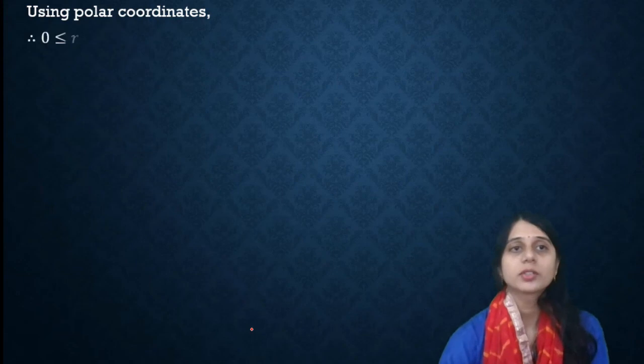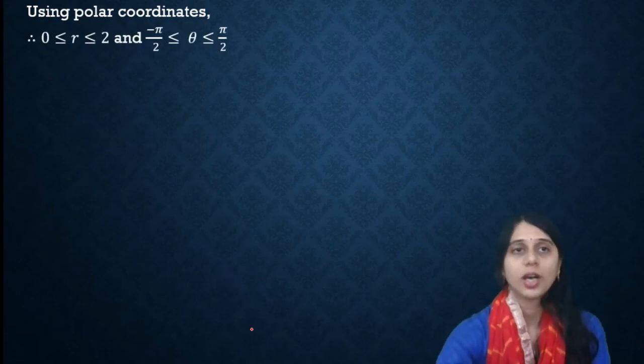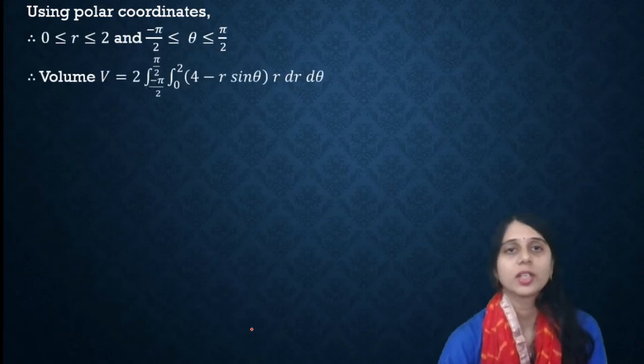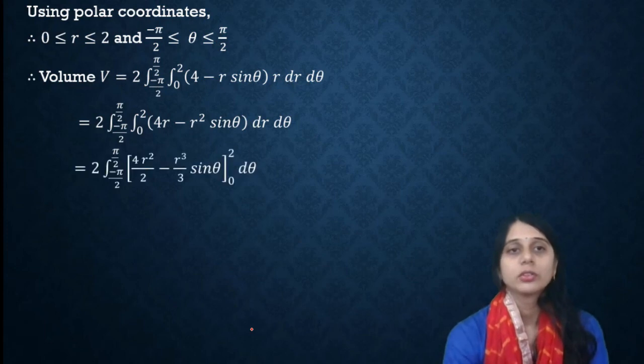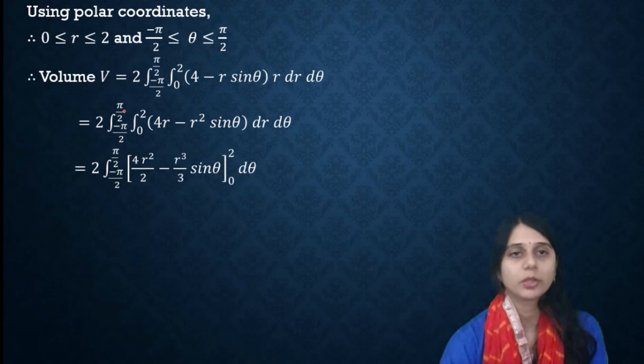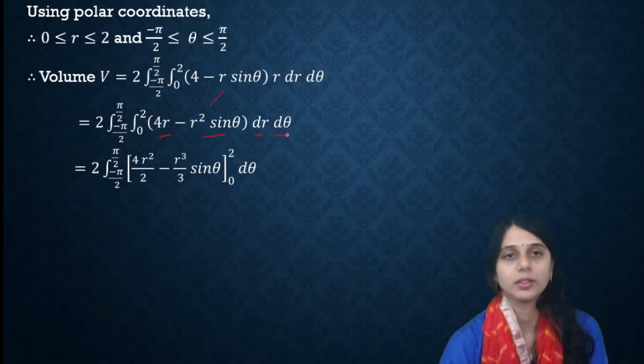Using polar coordinates, r is between 0 to 2 and theta is minus pi by 2 to pi by 2. We get 2 times the integral from minus pi by 2 to pi by 2, integral from 0 to 2, of (4 minus r sin theta) r dr d theta, which is 2 times the integral of (4r minus r square sin theta) dr d theta.